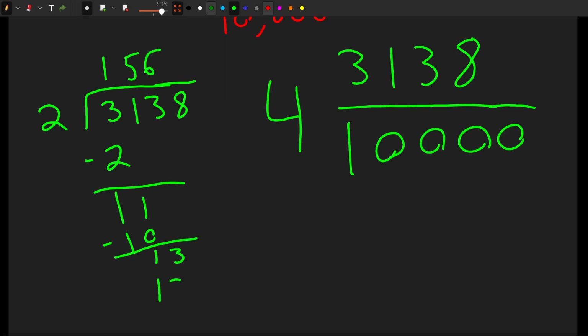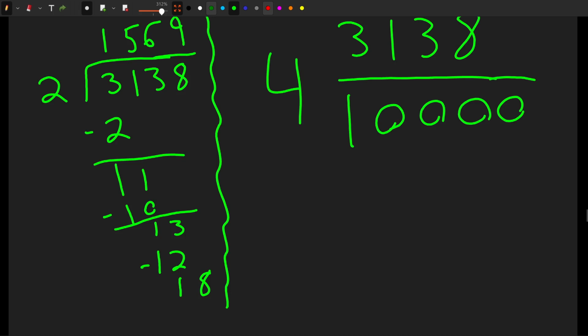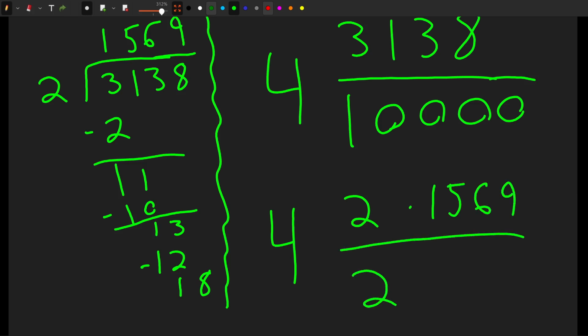I get 12. Subtract this out, I get a 1, 8. And 2 goes into 18 9 times. So I know here I'm going to have 2 times 1,569 on top, and 2 times 5,000 on the bottom.